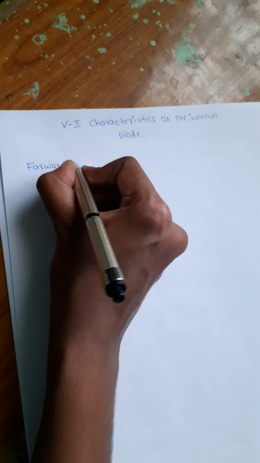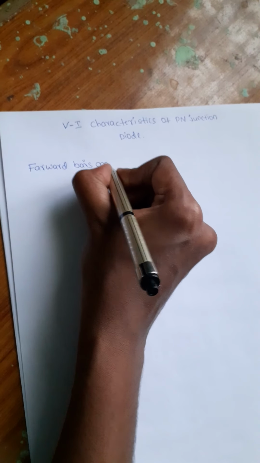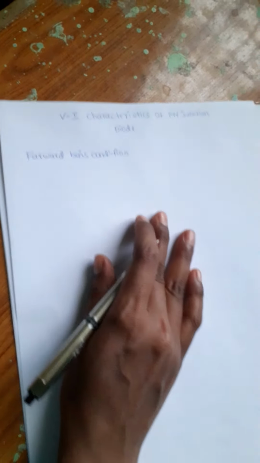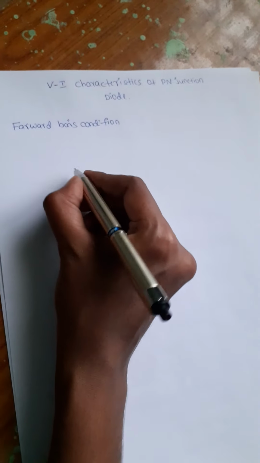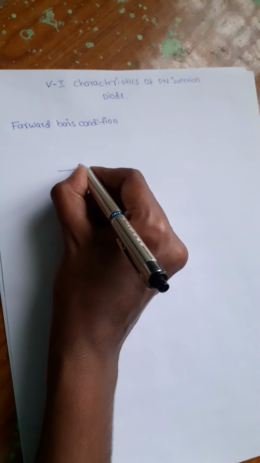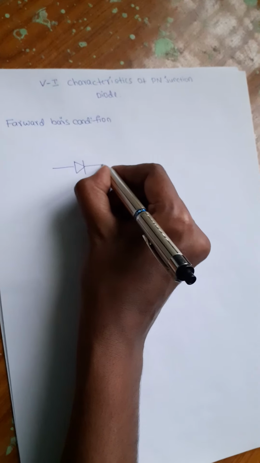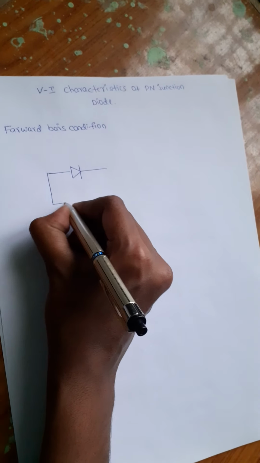Forward bias condition. So, voltage current characteristics. The circuit diagram of this forward bias condition is given as follows. This is a diode under the forward bias condition.